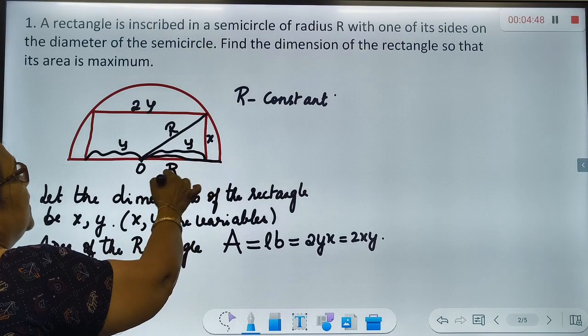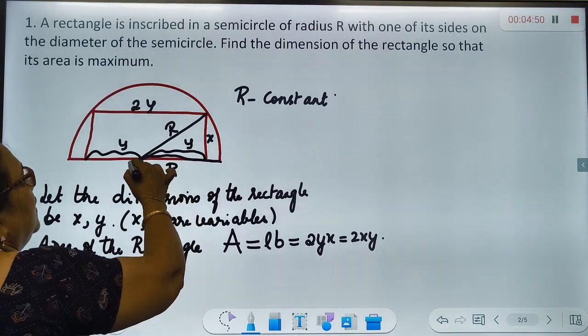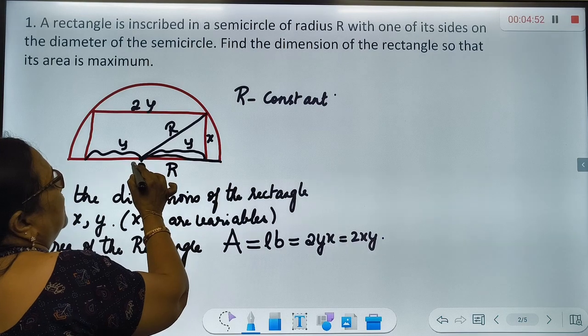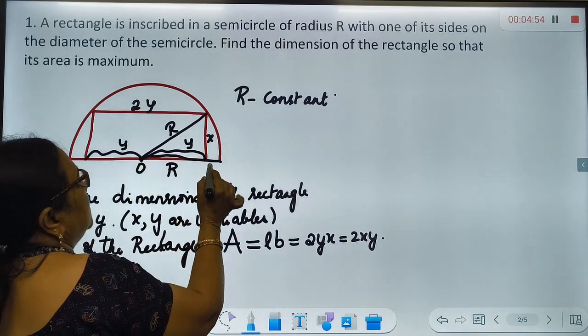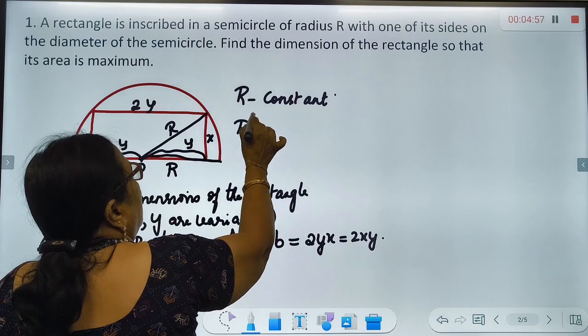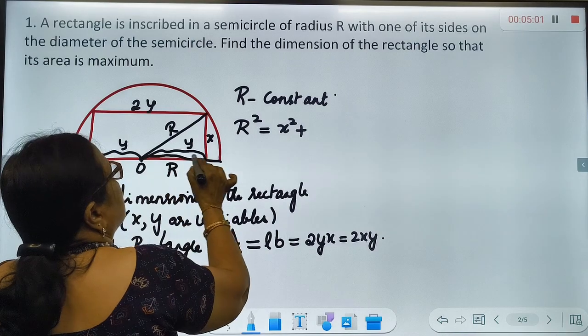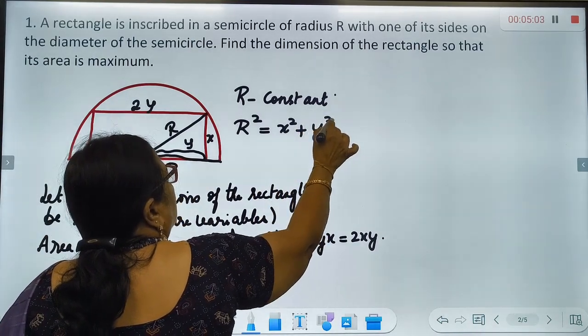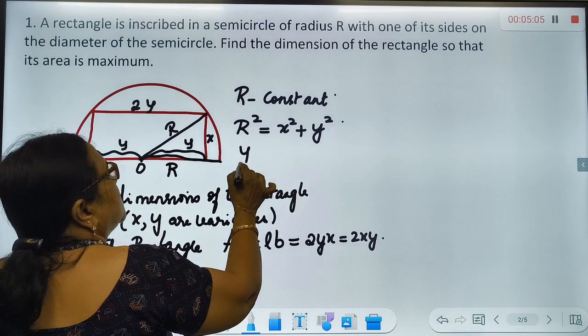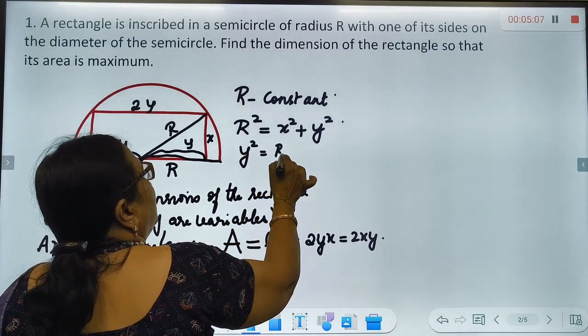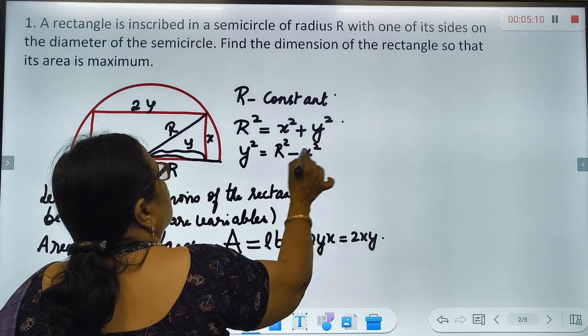Here if you look at the figure, there are certain things which are striking. Like you have a right angle triangle because an angle in a rectangle is 90. So capital R square is x square plus y square. So y square is equal to capital R square minus x square.